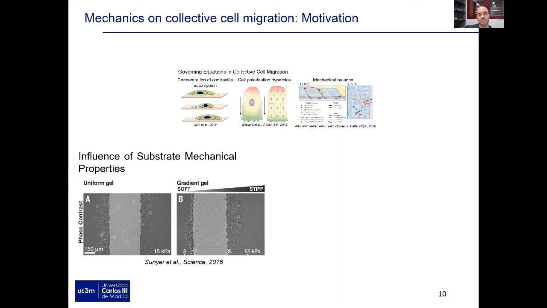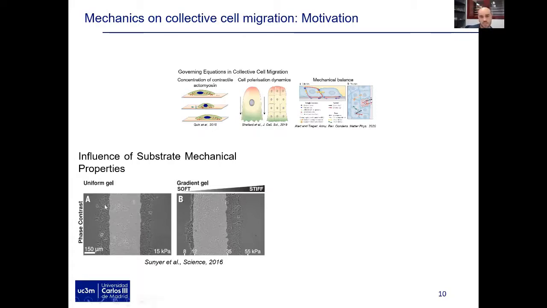In this left-hand side image, we have the whole system on a uniform substrate. We start from this kind of light area, and we can see how this whole system is expanding. So it's migrating in a quite symmetric fashion.